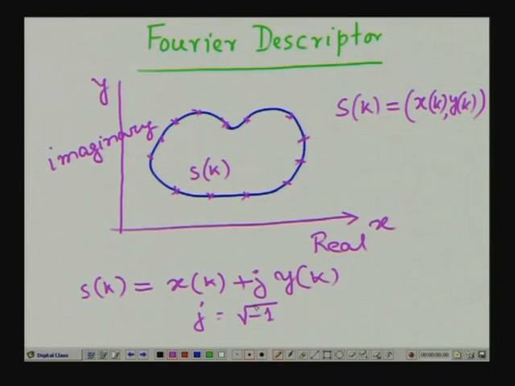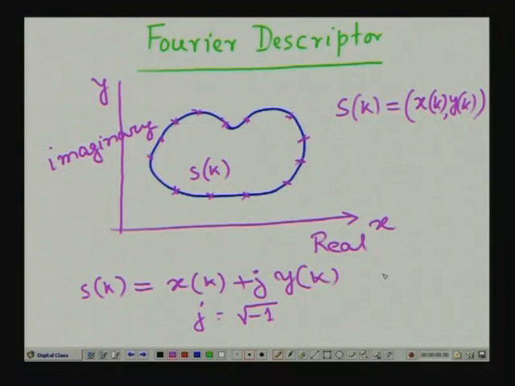So, based on this interpretation that we are interpreting the x axis as the real axis and the y axis as the imaginary axis, every discrete point on the boundary can be represented by a complex number. If I take the sequence of such boundary points, when we trace the boundary either in the clockwise direction or in the anticlockwise direction, what we get is a sequence of complex numbers Sk.